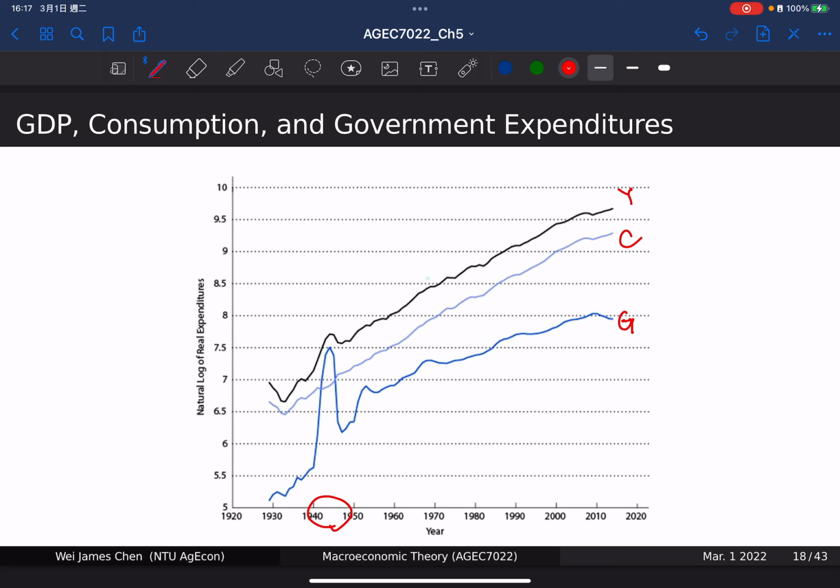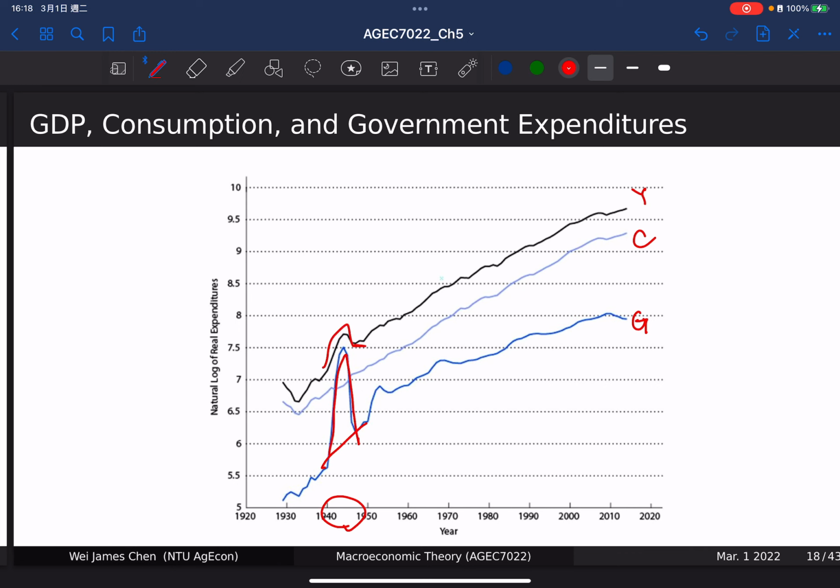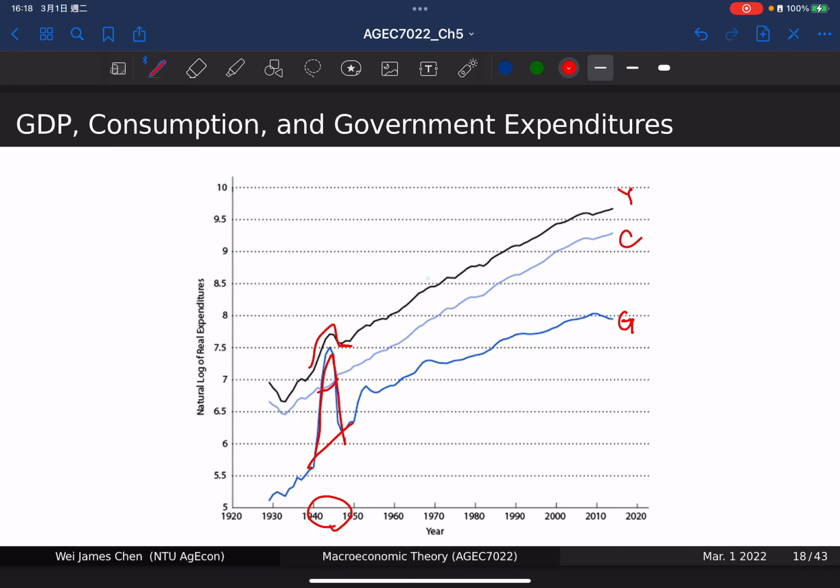You can see when the government spending goes up like this, it's a huge increase. The GDP will actually increase, but consumption actually goes down by a little bit. This is G's increase, this is Y's increase, or GDP's increase. This is true data.